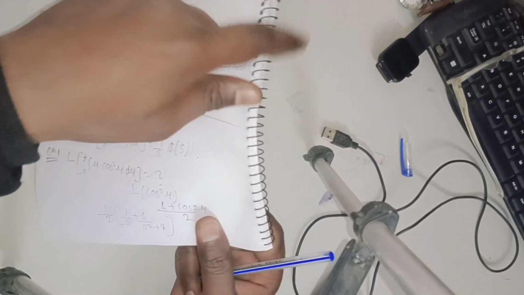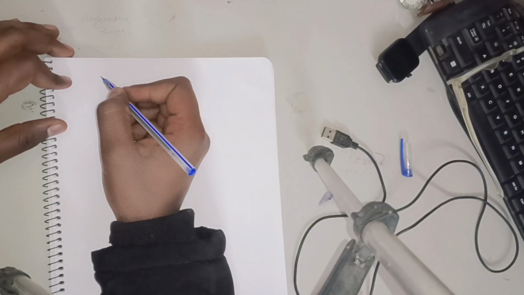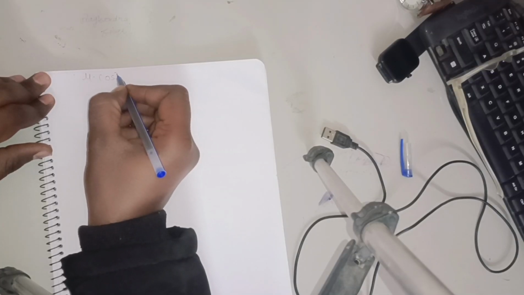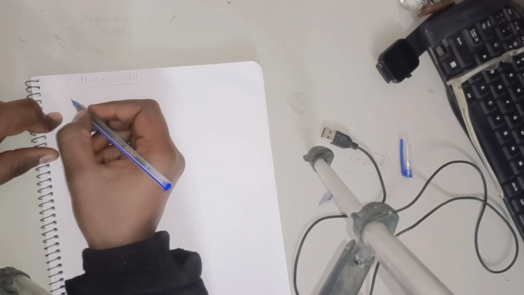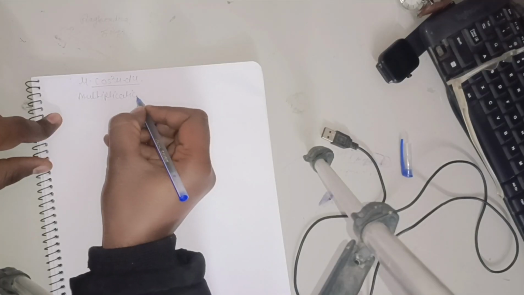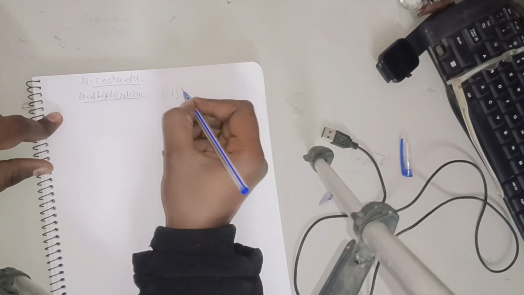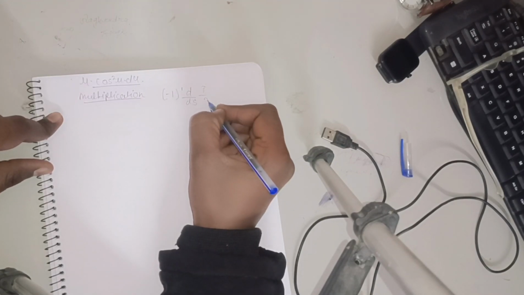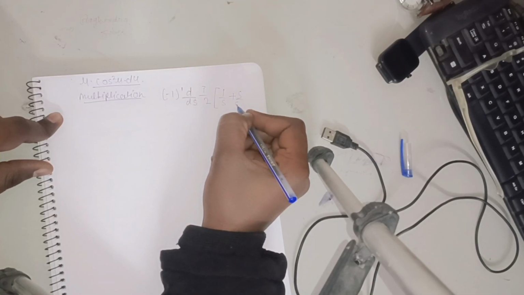So now simply the use of property. Here we can see that it is u into cos square u into du. So here I will use the multiplication rule. Do not forget the multiplication rule. What was the multiplication rule? Minus 1 to the power 1, because there is nothing in the power, d upon ds, and 1 upon 2 of 1 upon s plus s upon s square plus 4.